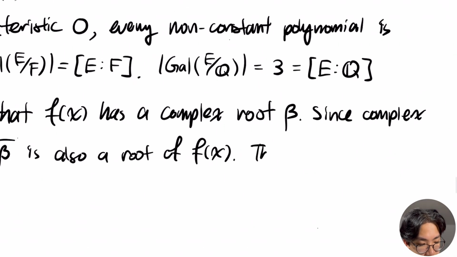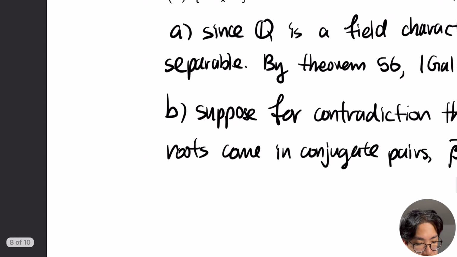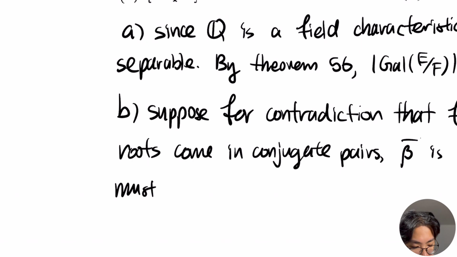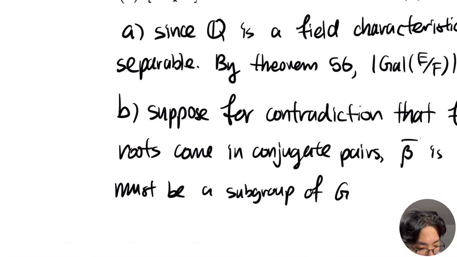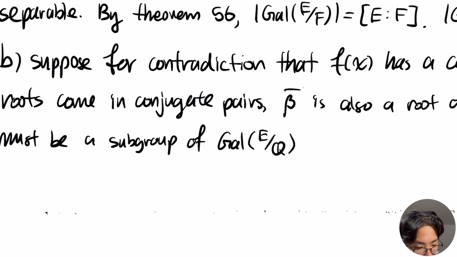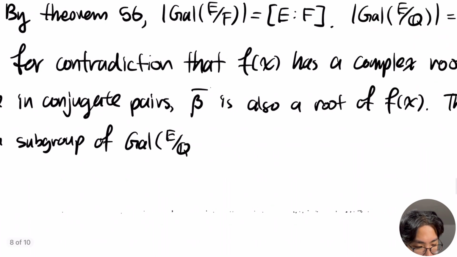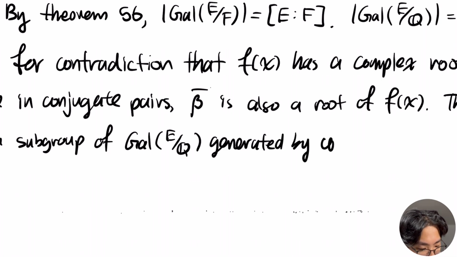So this means that there must be a subgroup of our Galois group, Gal(E/Q), generated by complex conjugation.